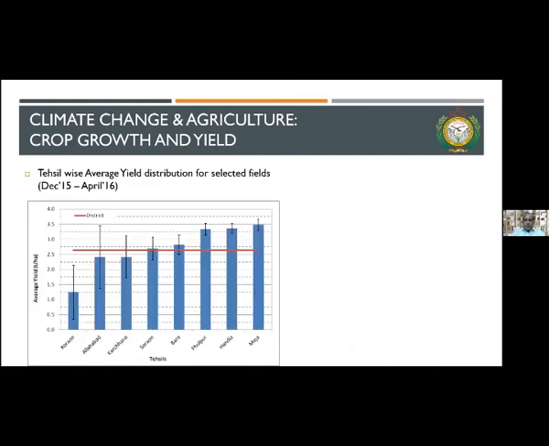So we are going to see some data showing the tehsil-wise average yield distribution for selected fields. We can already see that in Meja tehsil the yield was highest, and the lowest was in Soraon, Allahabad, Karchana. No doubt why.